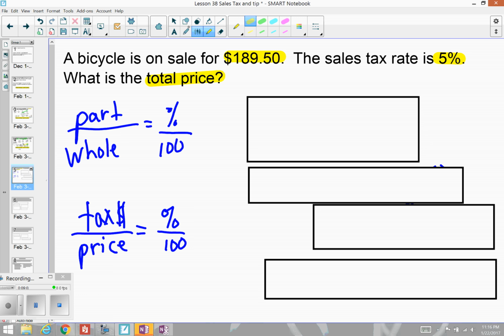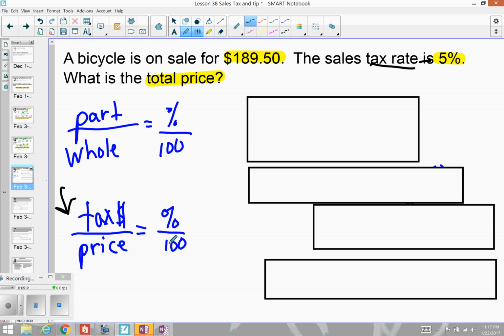So just like we were practicing, we know that it's going to be part out of the whole is equal to percent over 100. Anytime we're talking about a percent, we know we're going to be using a formula similar to this. Because we're talking about the tax rate, we're using this setup. So we want to know the tax rate in money compared to the price and the percent out of 100.